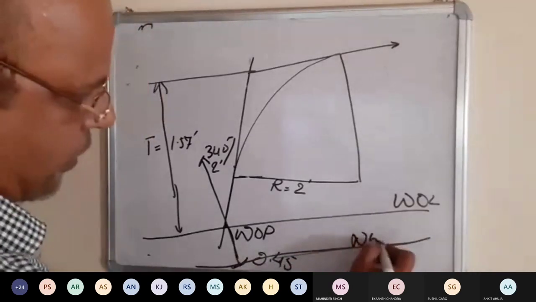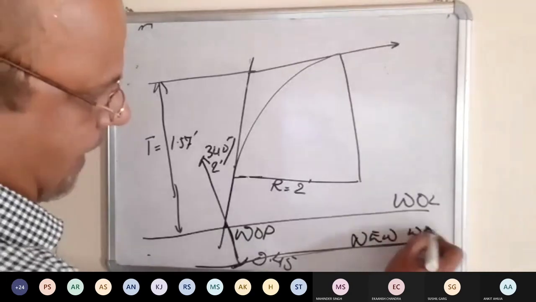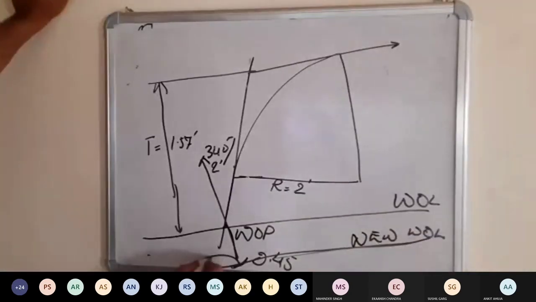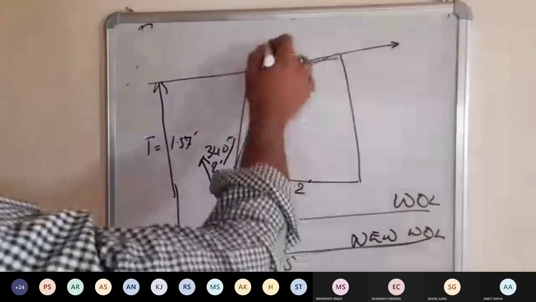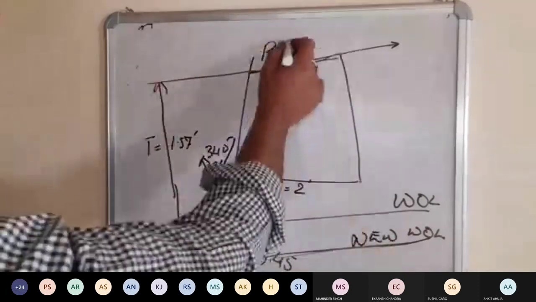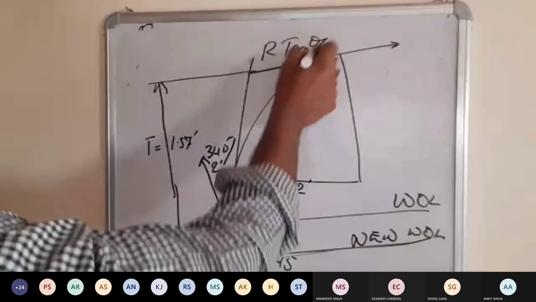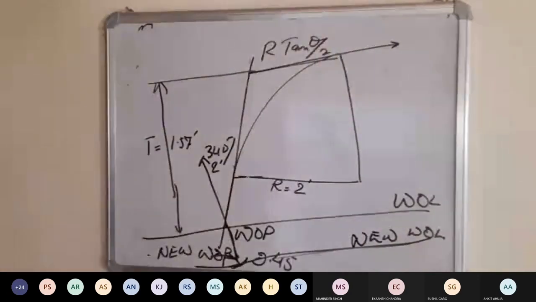You will write new WOL, new wheel over point. Since we have taken an imaginary point, r tan theta by 2, the process you will have to explain.